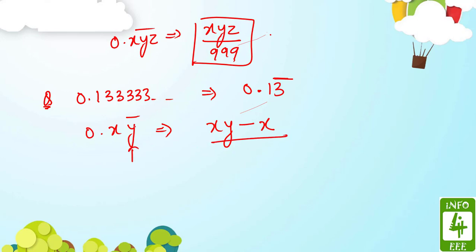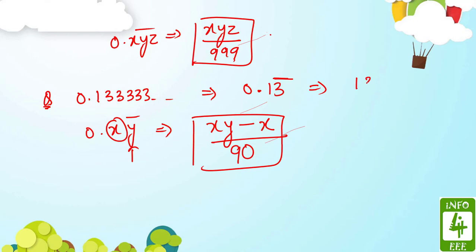We have a bar on one number, so we write 9, and we do not have a bar on one number, so we write 0. Here we have 13. The bar is not on 1, so you subtract that 1. So the answer will be 12 upon 90.